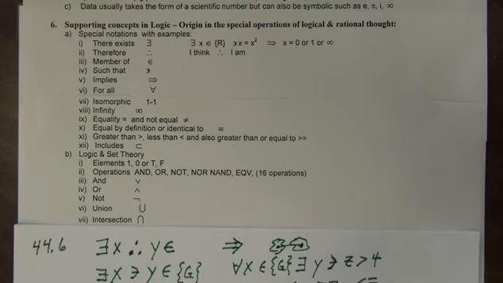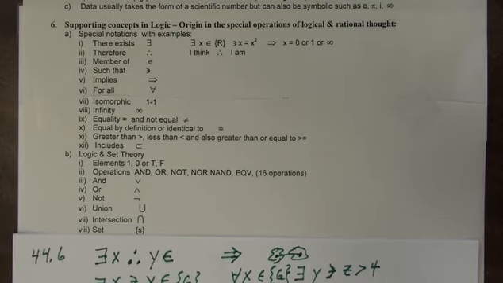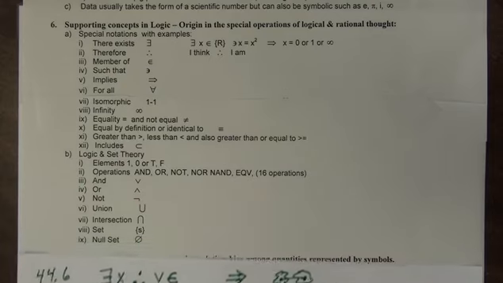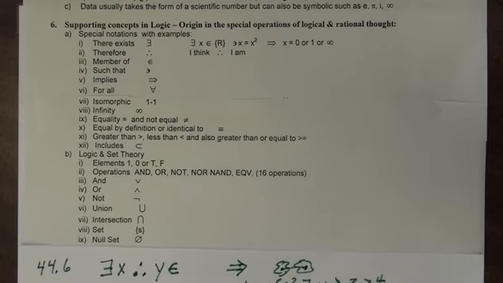The union is all of the things that belong to either one of the sets. The intersection is what belongs to both of the sets. And of course, since the complexes consist of the reals and the imaginaries, the intersection of the two would be equal to the reals. That's something that's in both of the two. And here's the symbol for the set, and of course, most important, there's the null set, meaning the set with nothing in it at all.